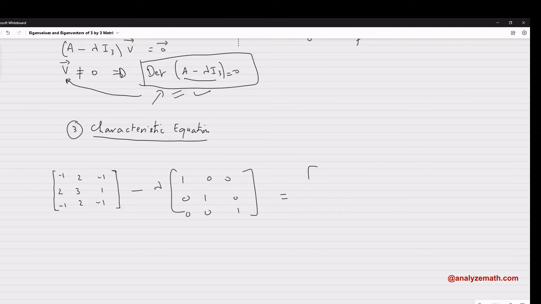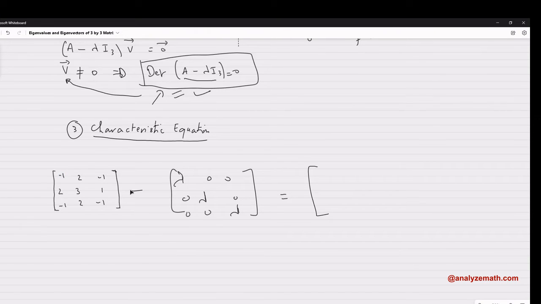Now when I do this, it's going to give me negative 1 minus lambda times 1, or I think it's better if we just multiply this by lambda here, put them inside to avoid mistakes, and then we subtract straight away.